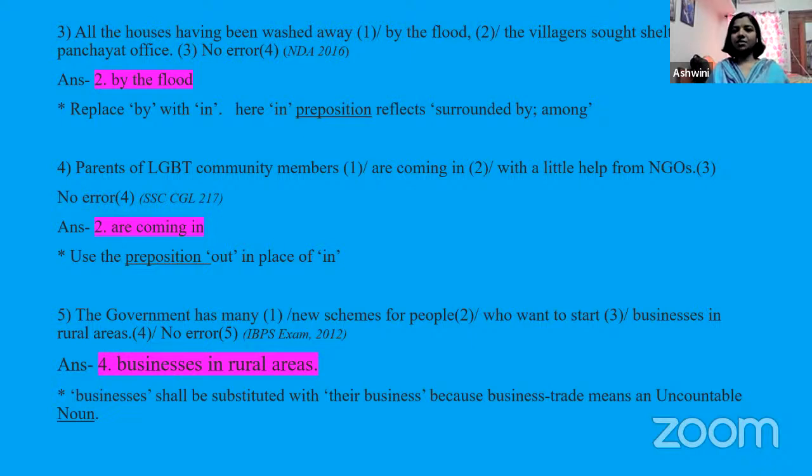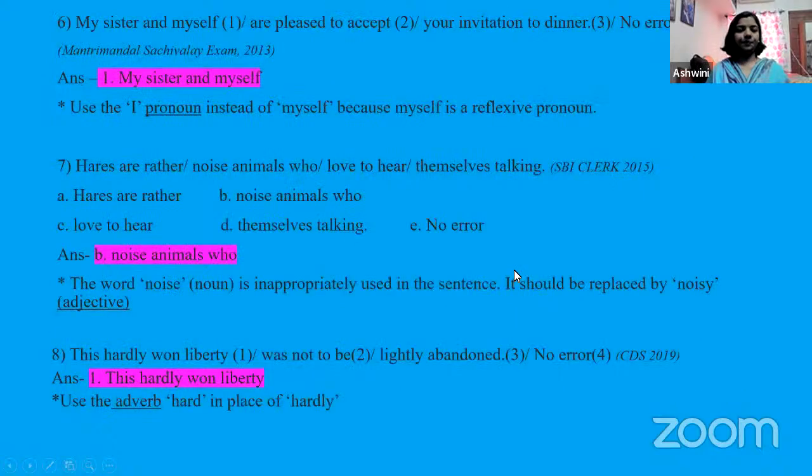So this is the section, this is the one part of speech, that is a noun. ठीक है, तो ये हो गया आपका uncountable noun. Why are we using here their business? Because business here means an uncountable noun, so that's why we use here their business instead of businesses. Okay, now next.